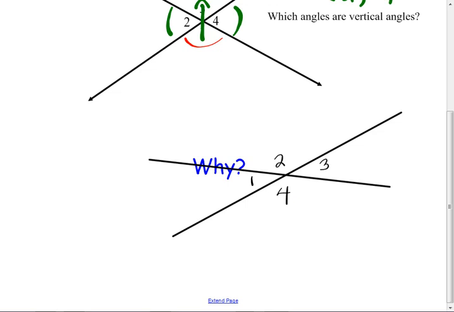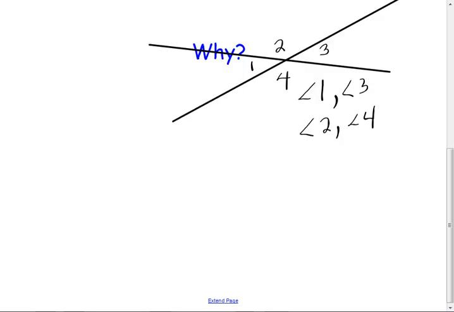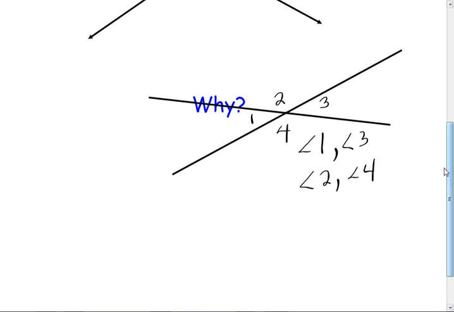Angle 1 and angle 3, and I have angle 2 and angle 4. Looking at the picture, what appears to be true? Does anything look to have the same measure? Don't they look congruent? Yeah, they look congruent. So I'm going to say angle 2 is congruent to angle 4.